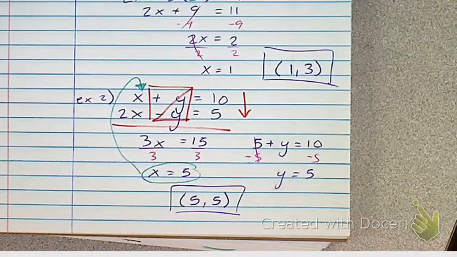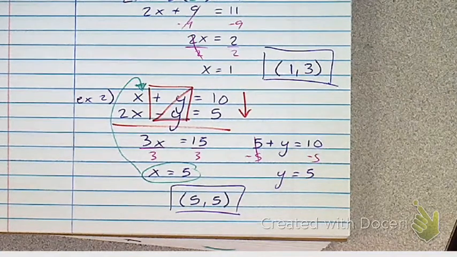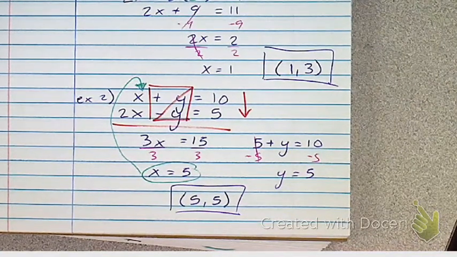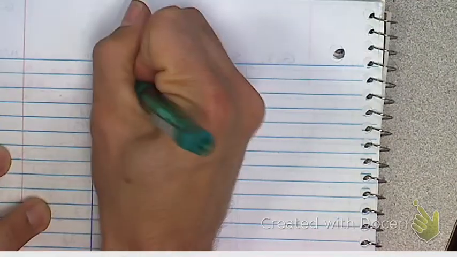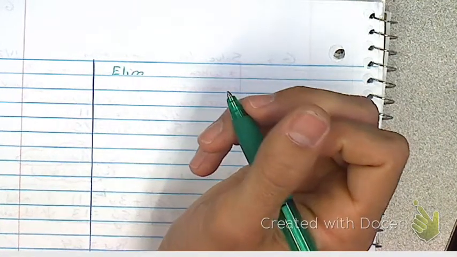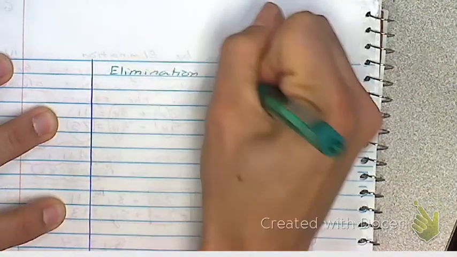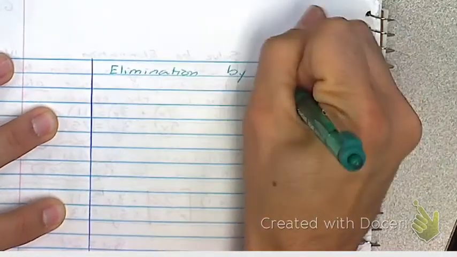Next example, we're going to turn it to the back. Well, if you're out of room, go to the back. We have 2 more examples. So the second part of this is elimination by subtraction.